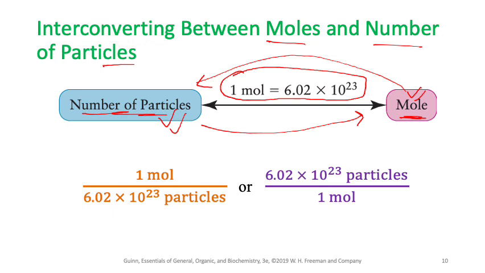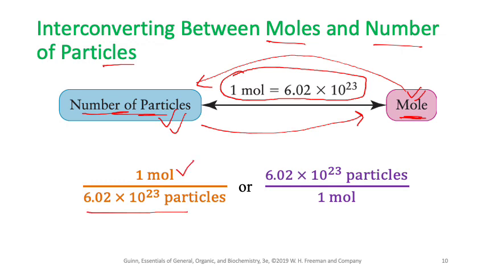So let's get back to how they are connected. It's connected by this definition: 1 mole equals 6.022 times 10 to the power 23, and this is a type of equivalency. They are equal. So I can make two conversion factors. If I have 1 mole of anything, I have this number of particles of that thing.